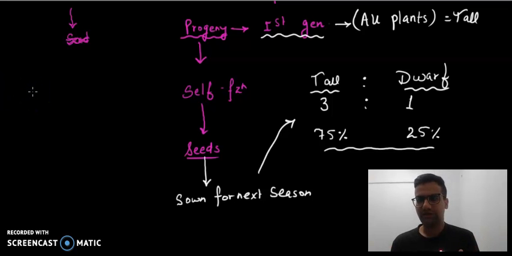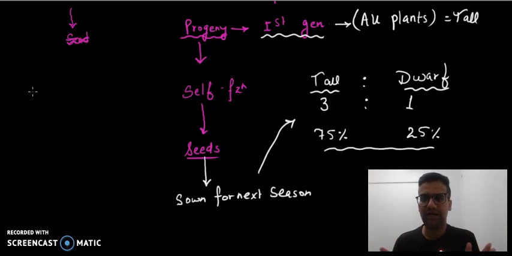This was the cross with respect to only one character. He performed crosses for all the characters, and similar results were obtained for all 7 pairs of characters.